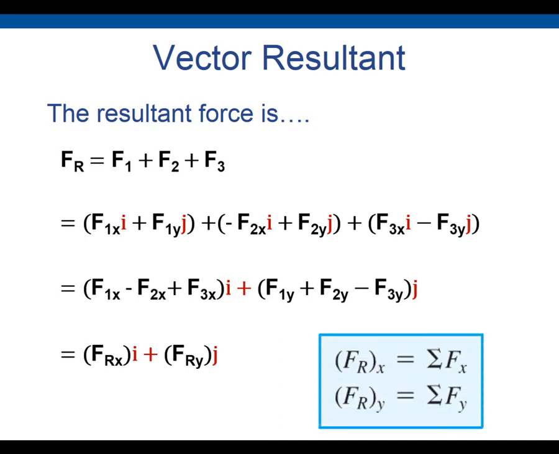So the resultant force x is the summation of all the x-axis components of each force, and the resultant force y is the summation of all the y components of each vector, each force.